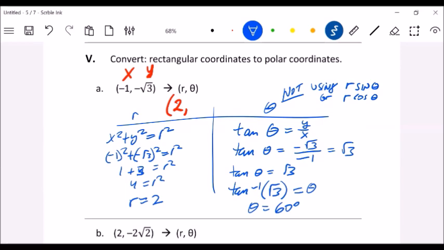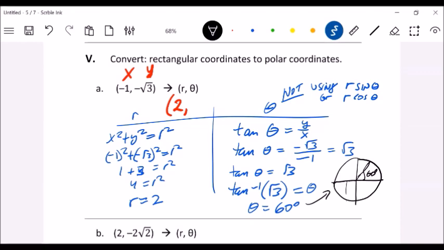And let's think about where this is placed though. So now we have to think about the circle. Normally this would be 60 degrees here, but negative 1 would go about here, and negative root 3 is less than 1, so it's somewhere down around here. Wherever it is, we're looking for the 60 degrees from the axis.